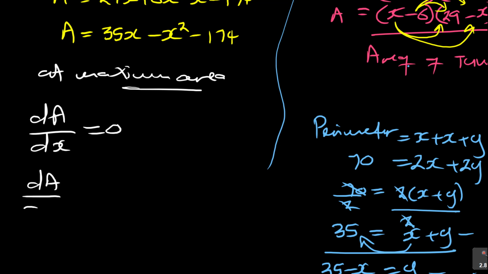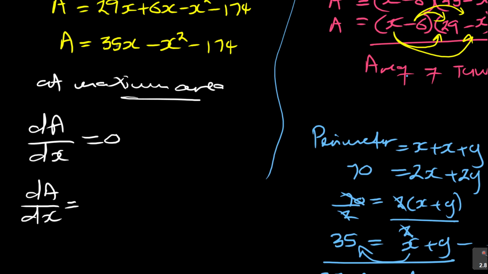What is dA over dx? dA over dx is equal to, then let's do that. Now remember I said when you have got x there for 35, it simply becomes 1. So you say 35 times 1 minus, for the other one, x squared, you drop the 2, it's x to the power 2 minus 1. These are the rules of differentiation. Minus what? 174 is a number, it becomes simply 0.